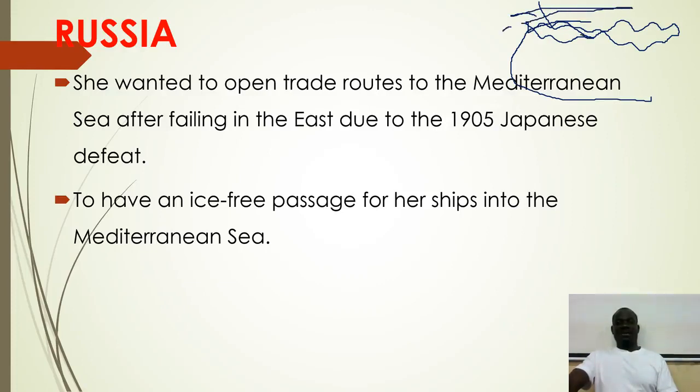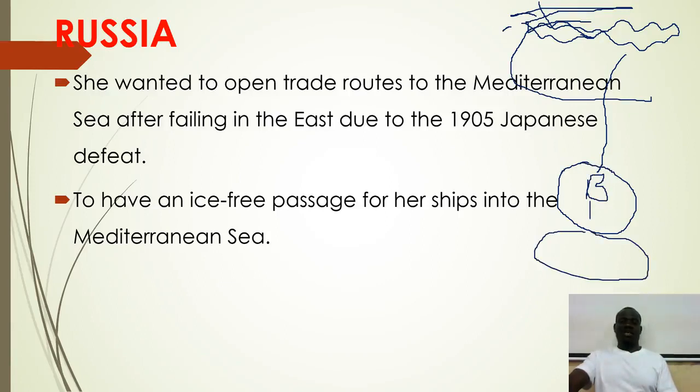As a result, she wanted to have access to the Mediterranean Sea by passing through the Balkan region, to avoid the ice region that was there. So that's why we're saying to have an ice-free passage for her ships into the Mediterranean Sea.